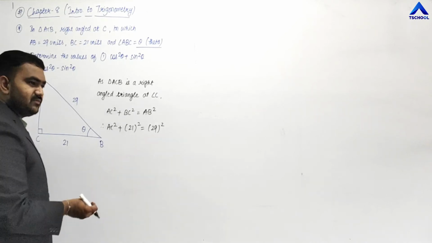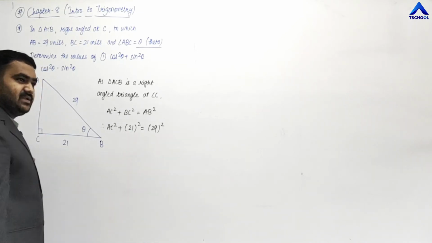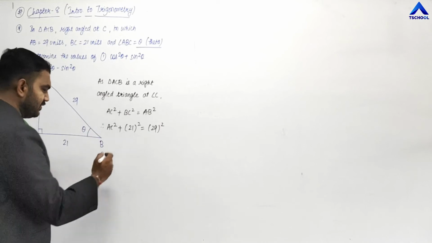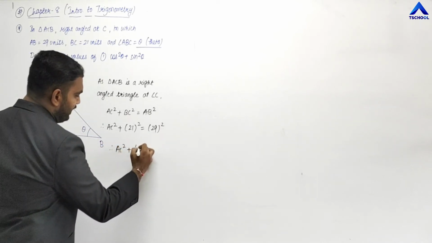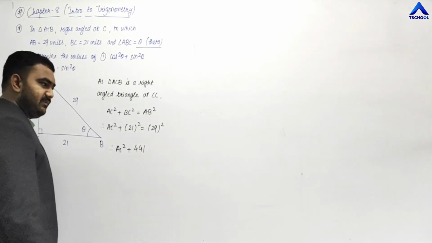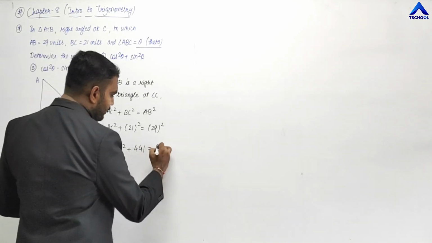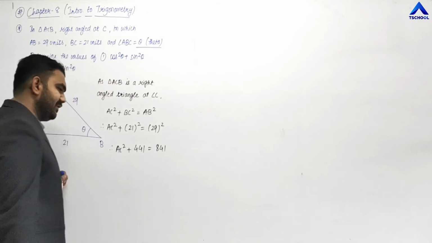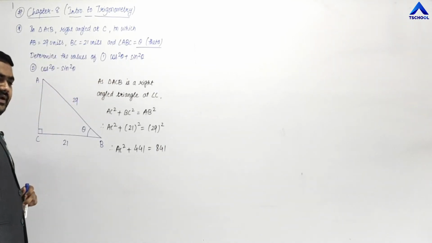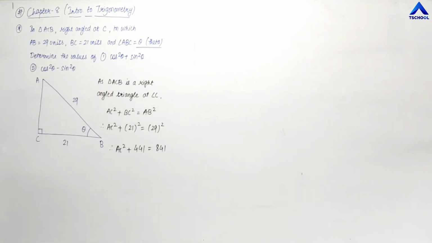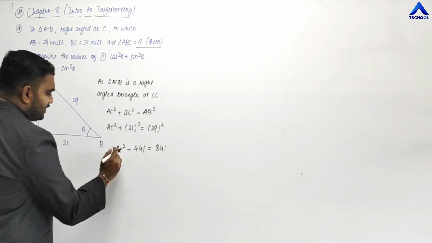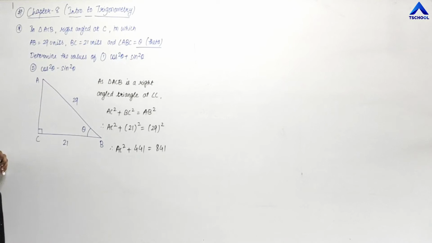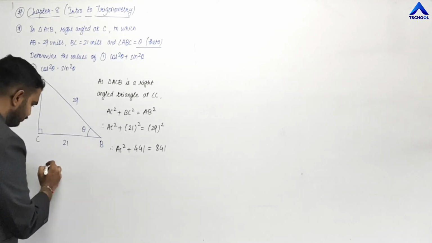You need to know this. What is 21 square? What is 29 square? You need to know all the values here. Therefore, AC square plus 21 square, which is 441, equals 29 square, which is 841. Right? Okay, if you don't know it, write it down, then please make time to find all these squares easily.